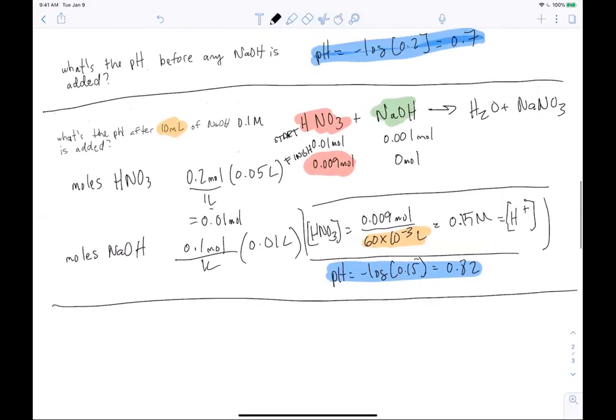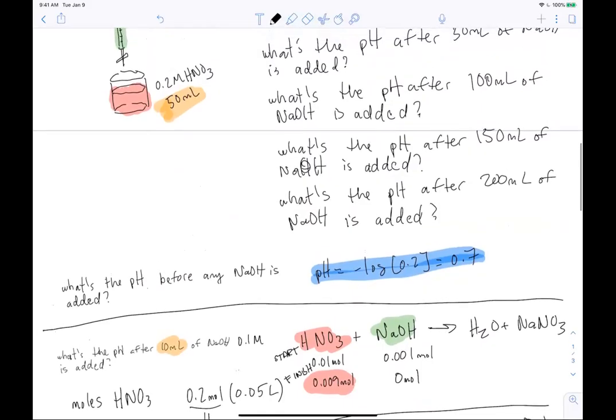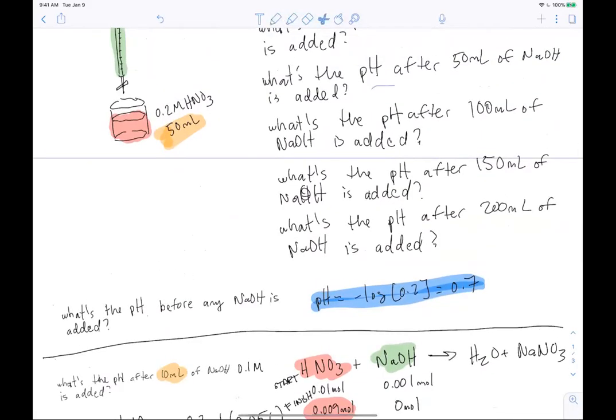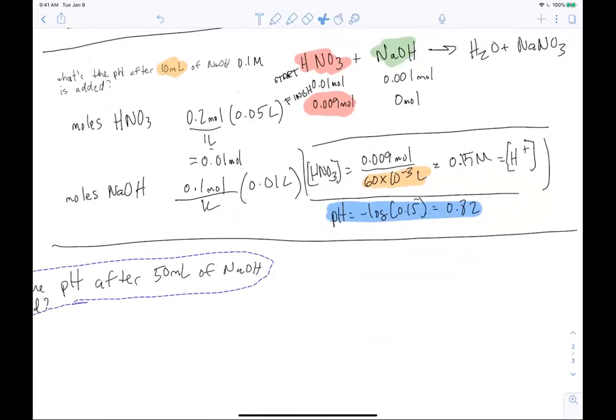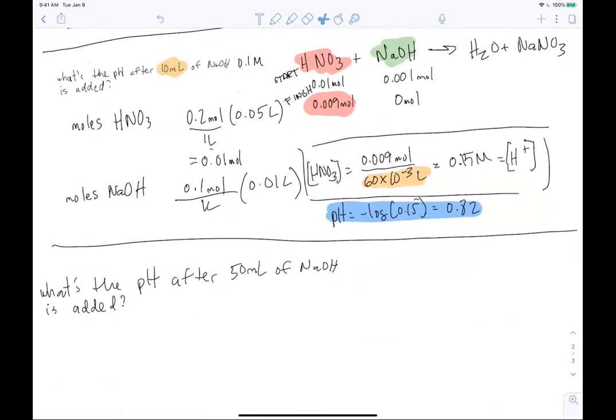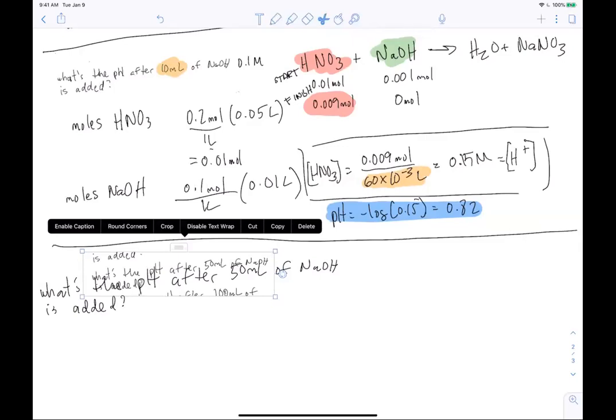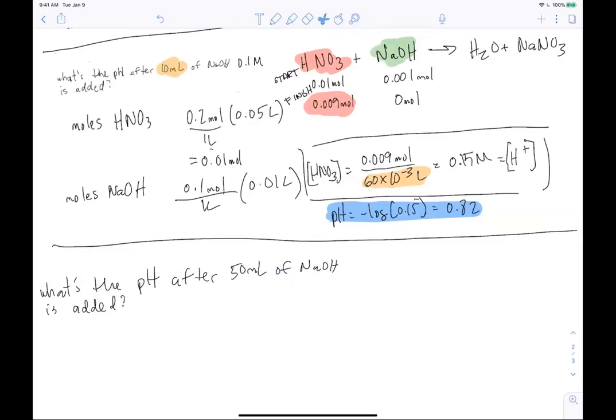Okay, so then we can go on and we can say, well, what's the pH if I add more base? For these strong acid, strong base problems, the calculations aren't super intense.